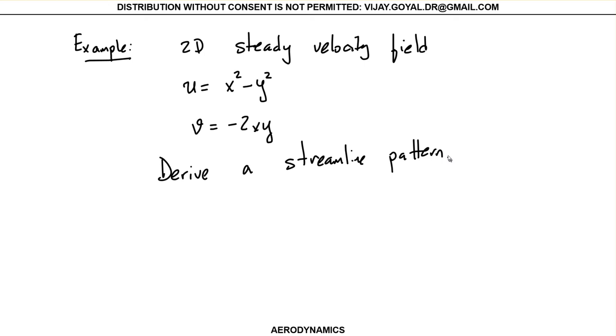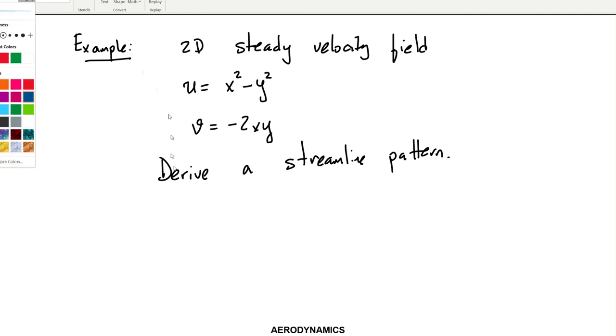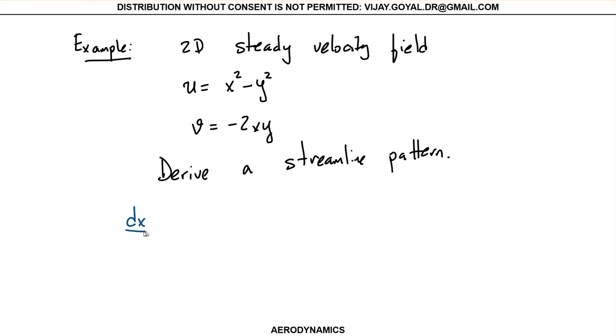Okay, so in this particular problem, the first thing you realize is that your equation says dx over u is equal to dy over v is equal to dz over w.